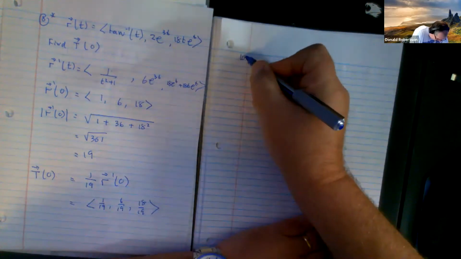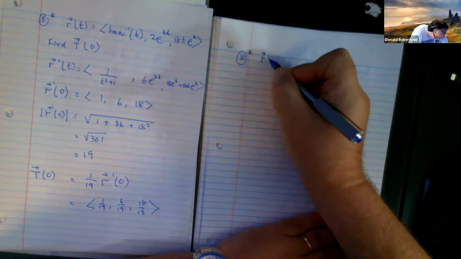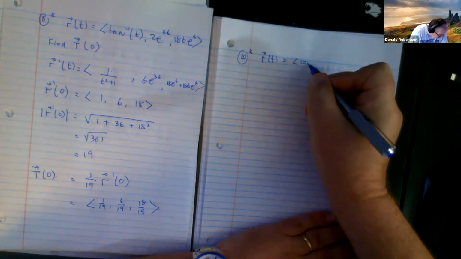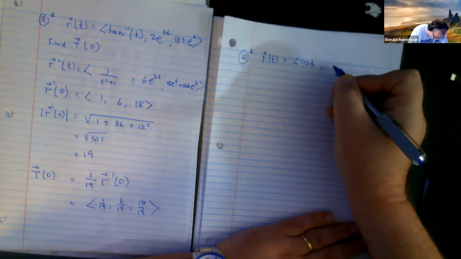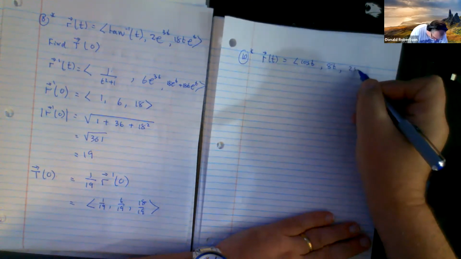It's a trig one, but there's nothing really ugly on that one. Okay, I better do a trig one of some kind. Let's do a 10. And the vector function is a cosine of t, 8t, and a 2 sine 3t.